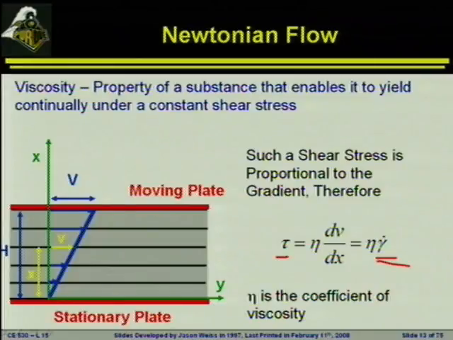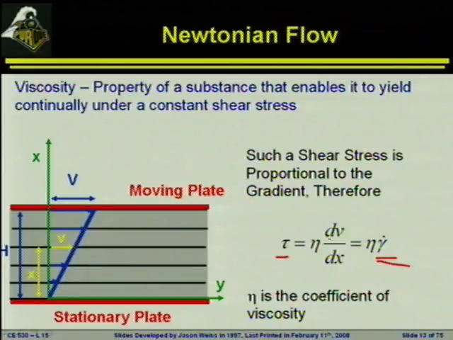At the top we've got a plate that's moving, and we could relate the speed at which that plate is moving to the properties of the fluid that's inside of that system. And the properties of the fluid that we're most interested in are the viscosity. And this is basically the property of the material that enables the material to yield continually under a constant shear stress.